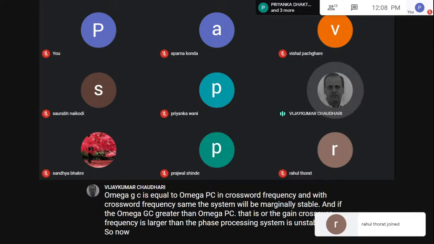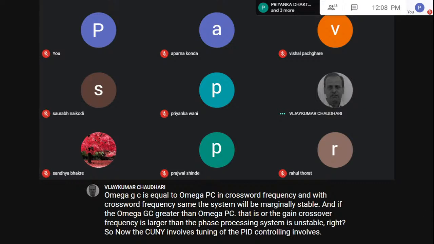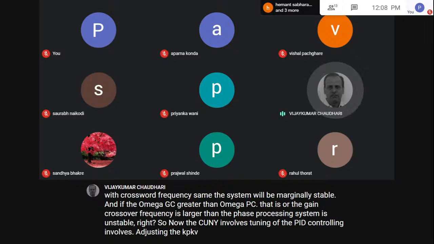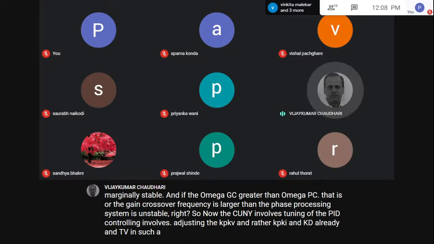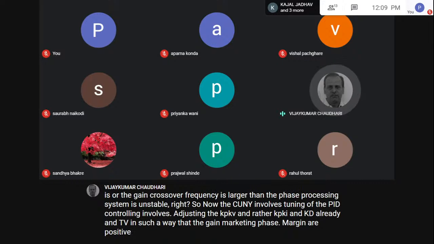Now the tuning of the PID controller involves adjusting KP, KI, and KD, or TI and TD in such a way that the gain margin and phase margin are positive, and therefore the system will be stable.